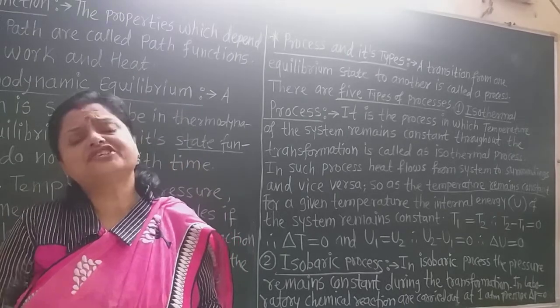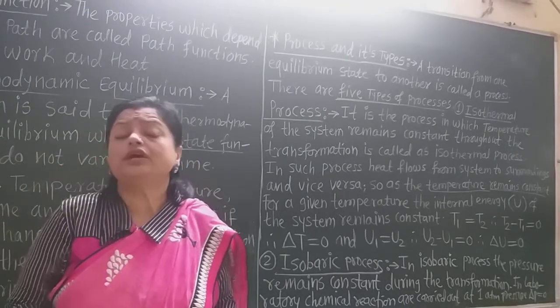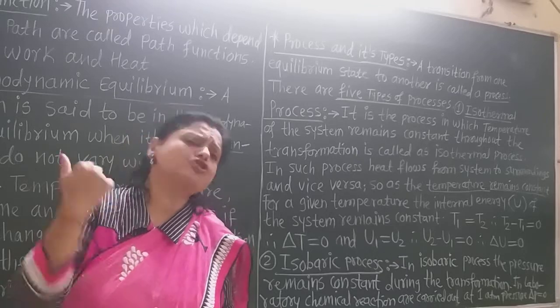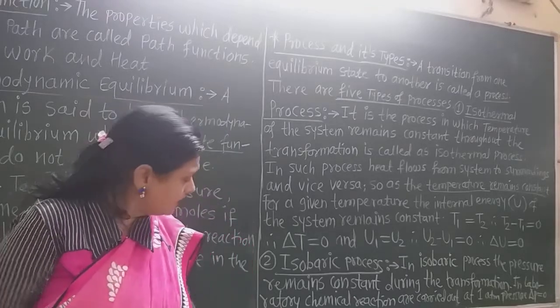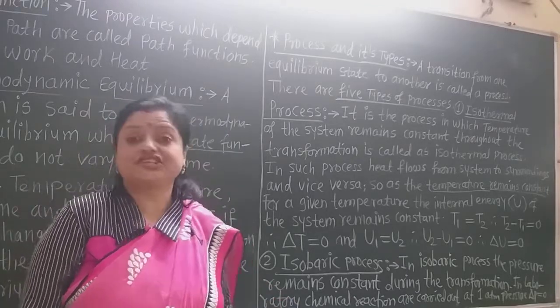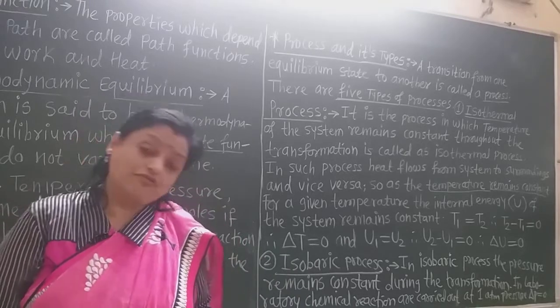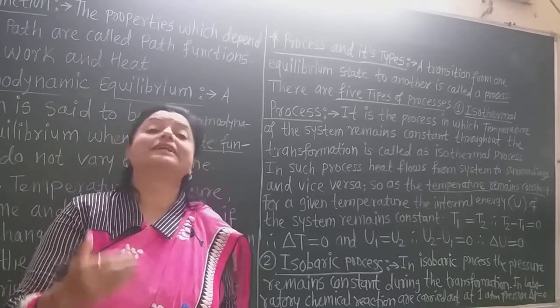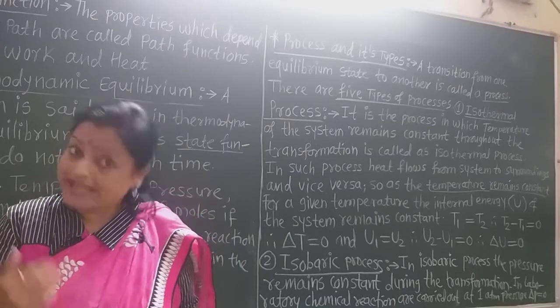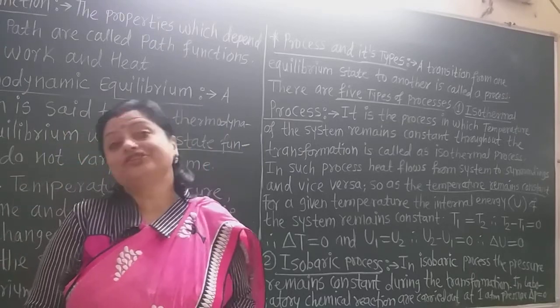So all the reactions or processes carried out in the laboratory are isobaric processes, and therefore delta P is equal to 0.